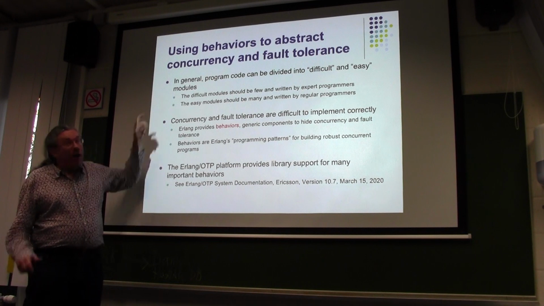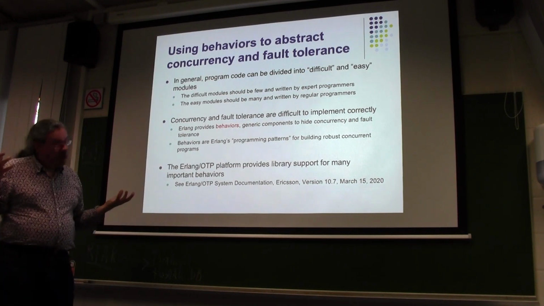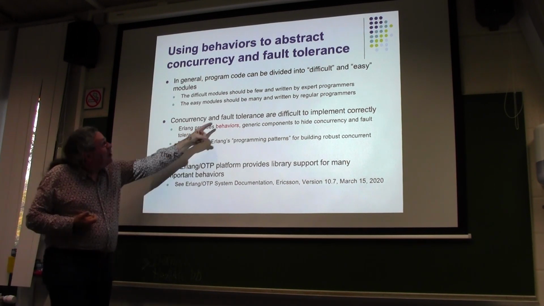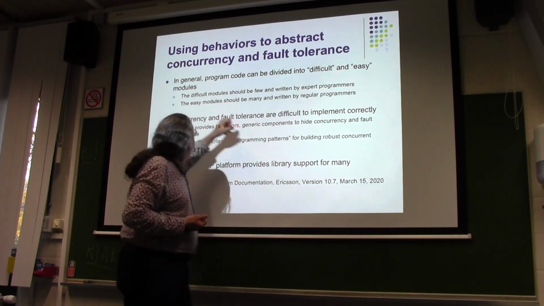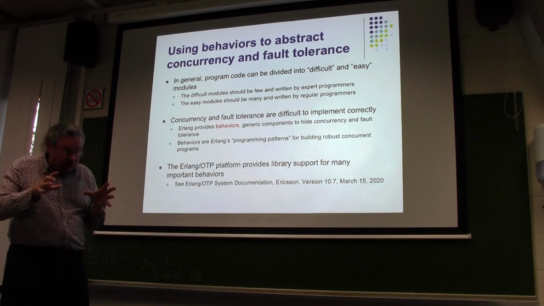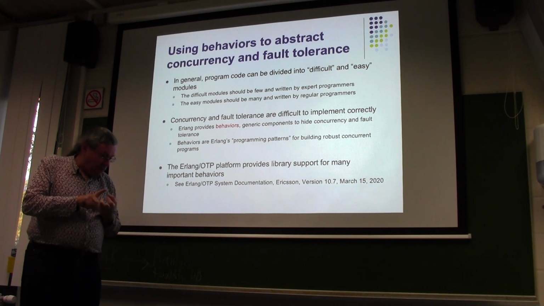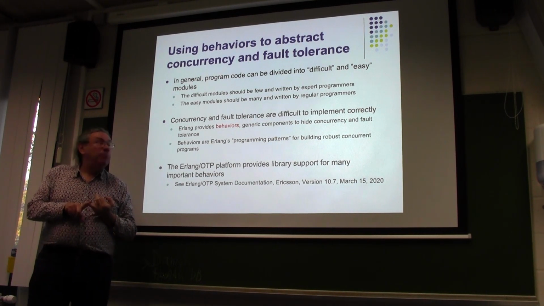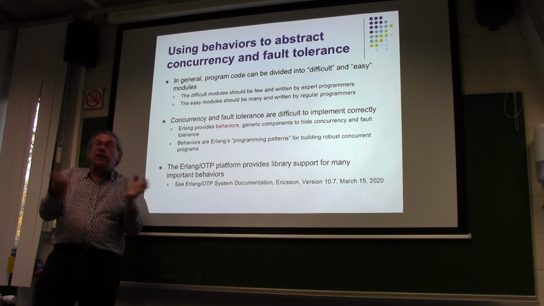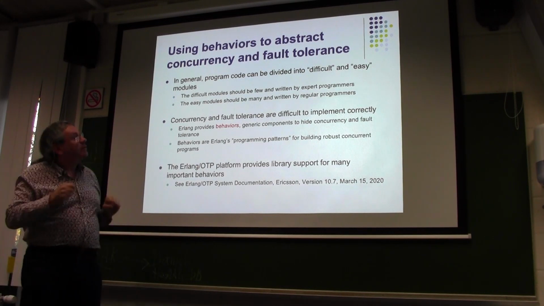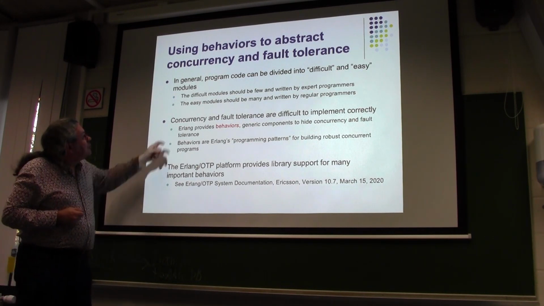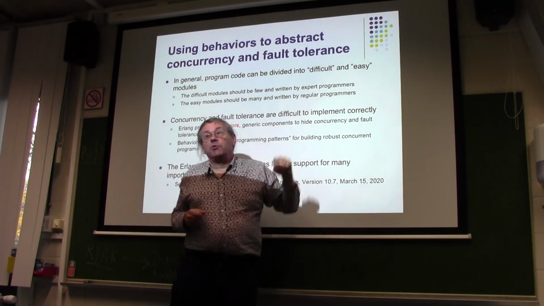Okay? So basically when I write my application, there's hard parts, difficult parts, and easy parts. So the hard part is concurrency, fault tolerance, code update, and all of that has to work together. That's tricky and hard, okay? And so that has to be written by expert programmers.